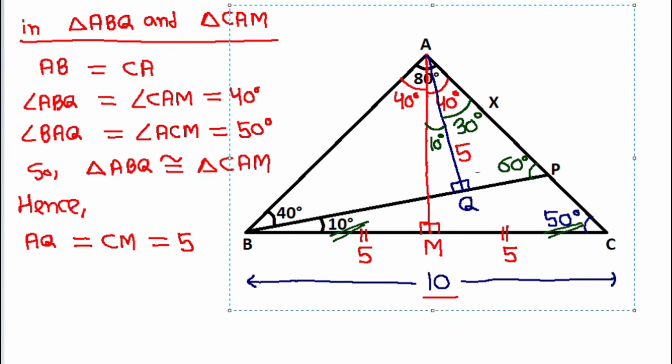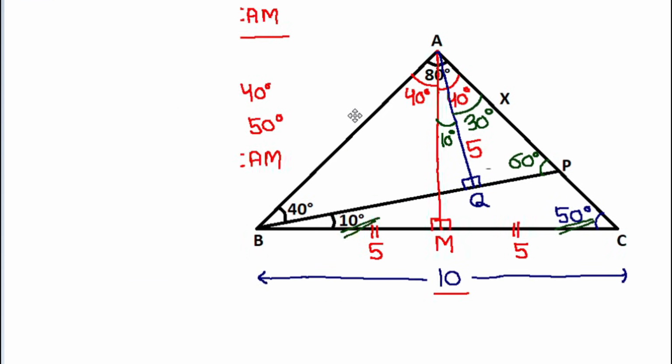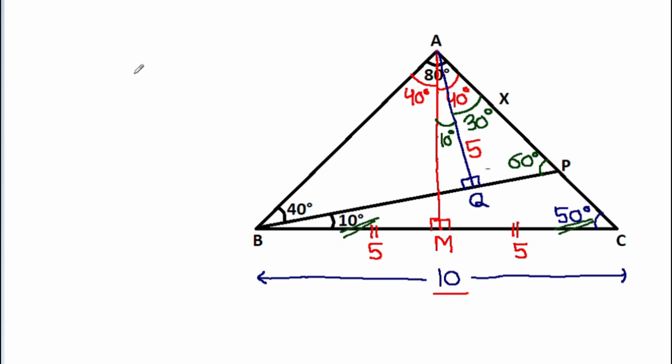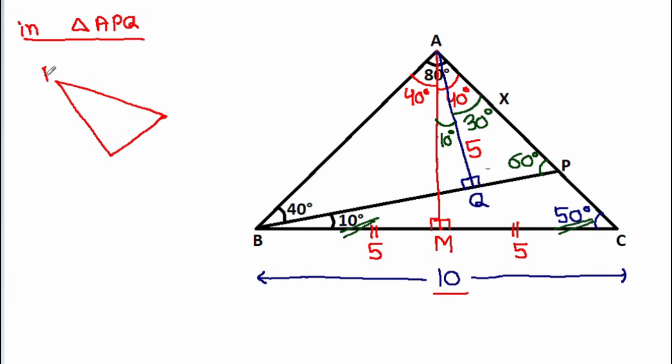And now in triangle APQ, this angle is 90 degrees. This angle is 30 degrees. AQ is 5.